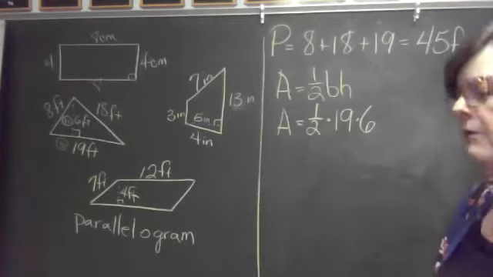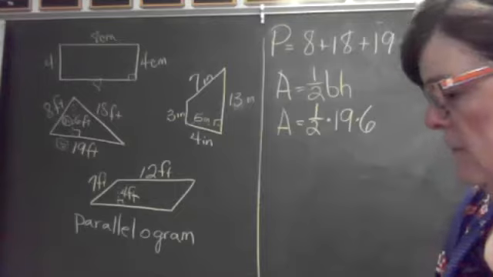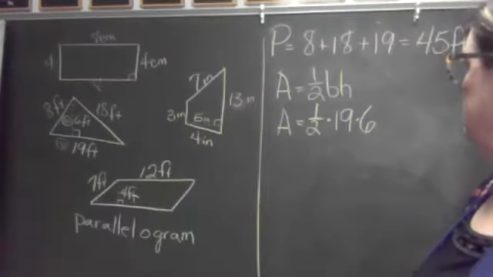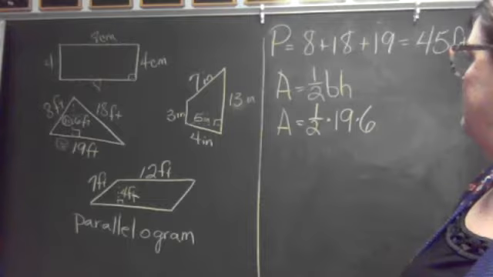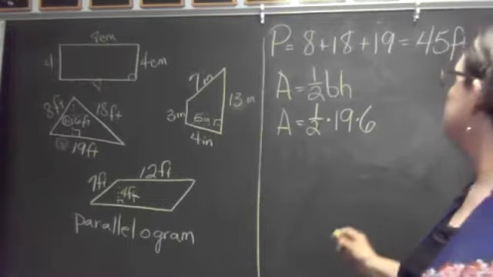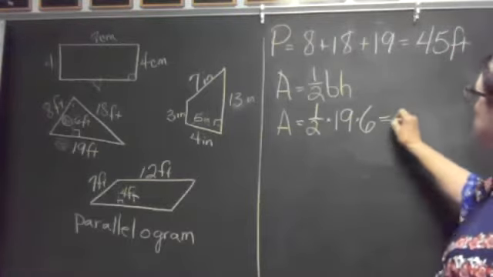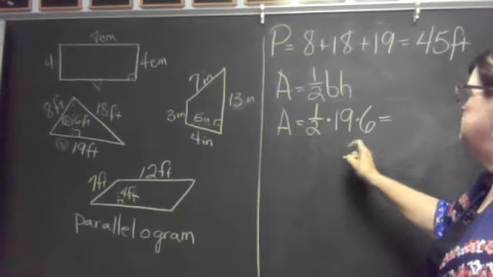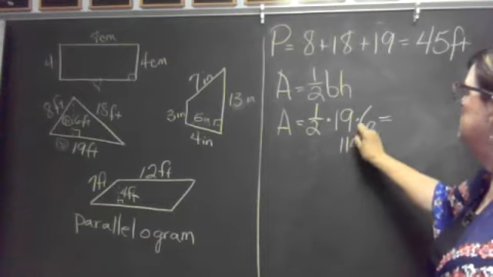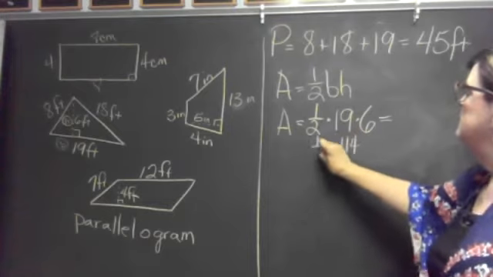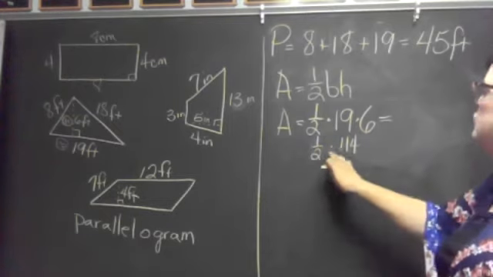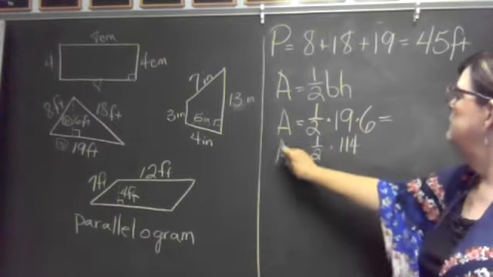I said 19 times 6 comes to 114, and half of that's 57 foot squared. So he said he took the 19 times 6 and got 114. That's correct, right? And then he divided it by 2 or took it times 1/2.